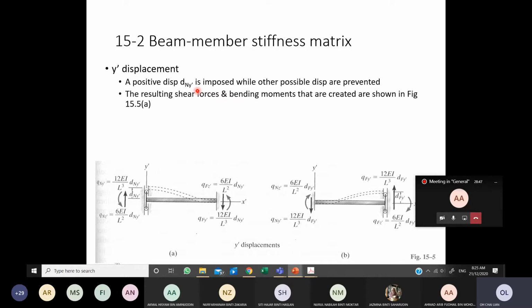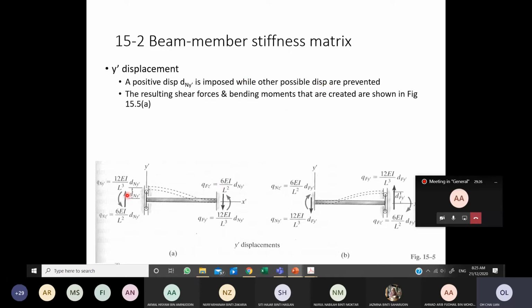For example, in this beam member stiffness matrix, we are dealing with two DOF, the y' displacement and the z' rotation. Now let's look at the y' displacement, which means the displacement in this direction. The strategy used in the derivation is to allow a positive displacement d at one of the ends, while the other possible displacements are prevented.